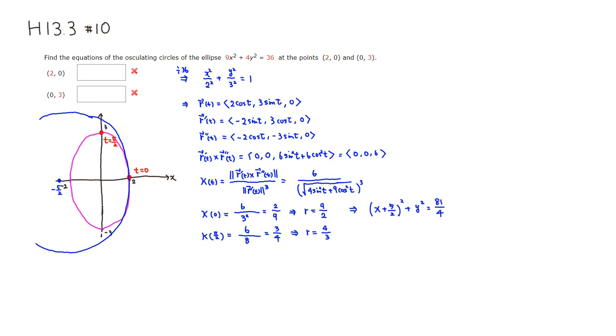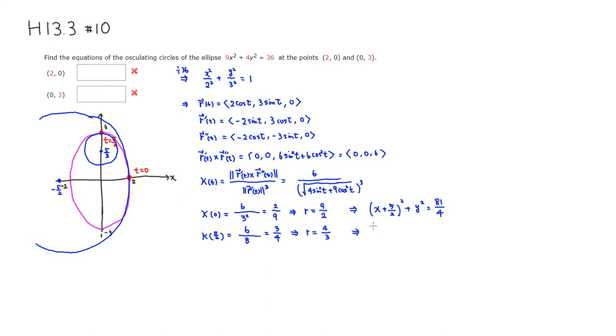So, let's see, 3 is 9 over 3, and you're subtracting 4 over 3, so it's going to be 5 over 3. So probably something like that, and this is 5 over 3. Then we have a circle, which looks like that.